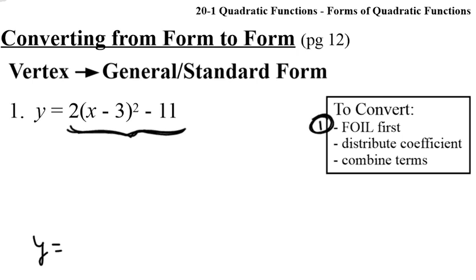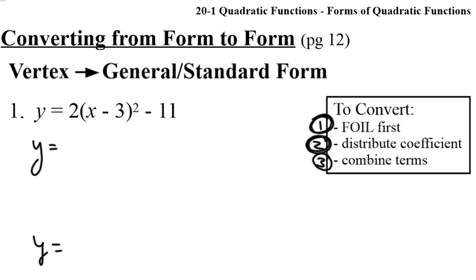Well, first of all, we want to do the FOIL to get rid of brackets. But I can do the FOIL actually, which will get rid of the exponent first. Then I need to distribute this coefficient and combine like terms. Let's walk through one really quick.